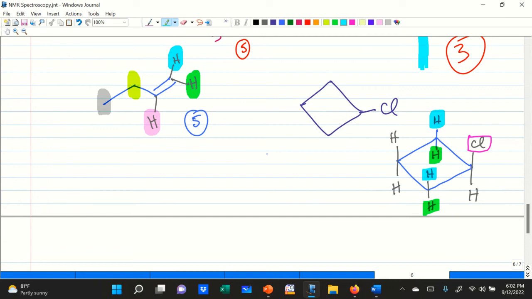So here you are having different types of hydrogens. Now in the same manner, this hydrogen is going to be different from the one that is below. That is going to be also different. So how many are we seeing? There is one still. This is a hydrogen. That gives you 1, 2, 3, 4, 5 different signals. So overall, you are going to have 5 signals.